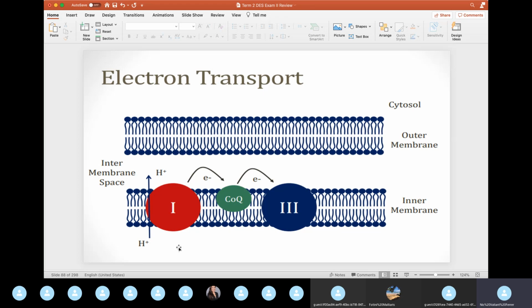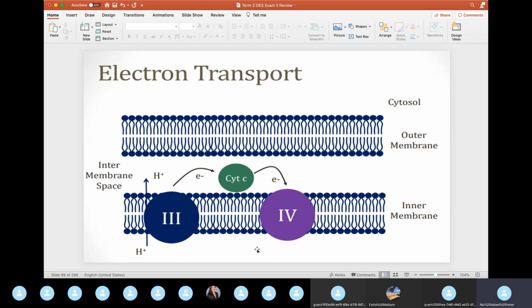Oxidation is loss of electrons. So as I oxidize my NADH, the H+ is going to go into the intermembrane space. And what happens to the electrons? They are transferred to complex 3 by your coenzyme Q.